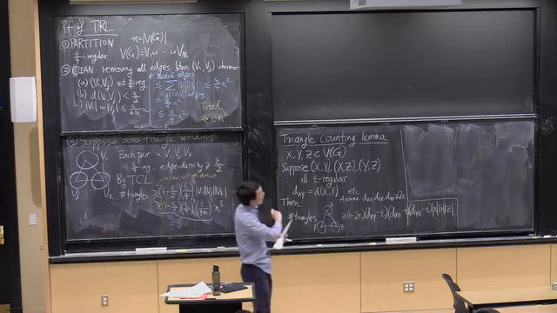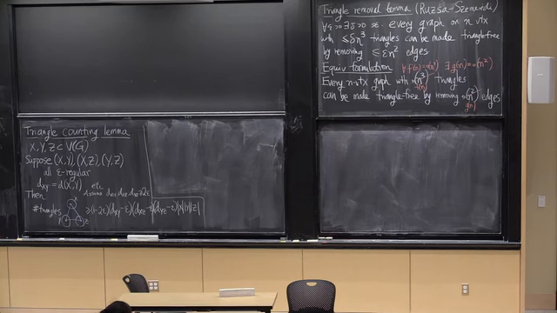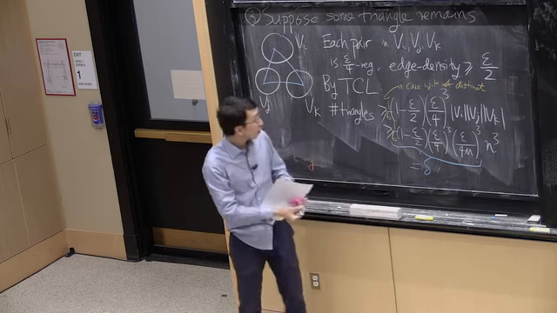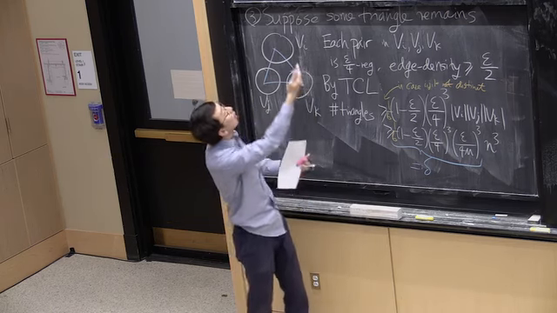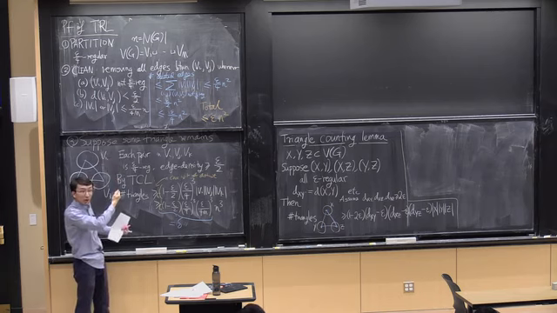So now, looking back at the statement, for every epsilon, there exists a delta, such that if your graph has fewer than delta n cubed triangles, then let me get rid of all those edges.